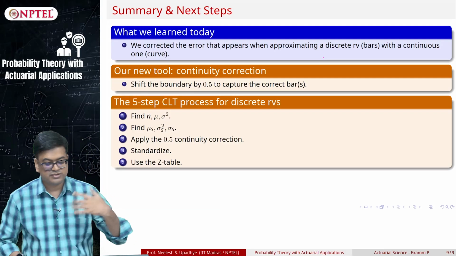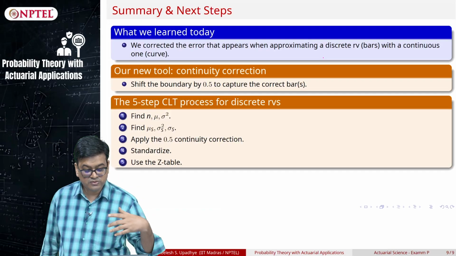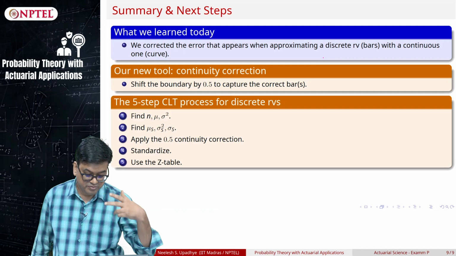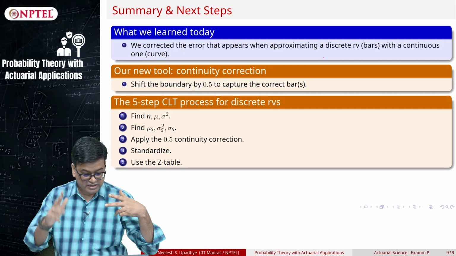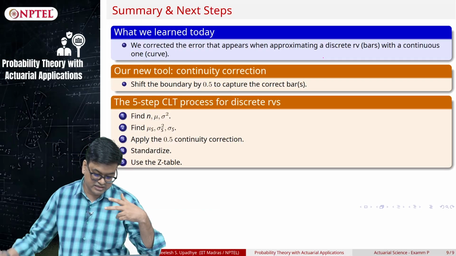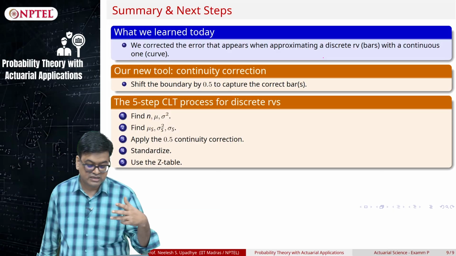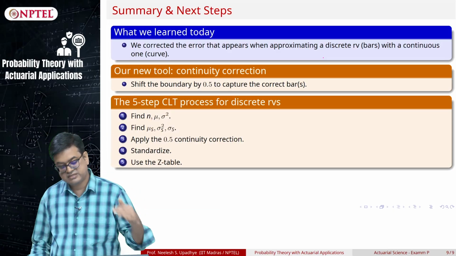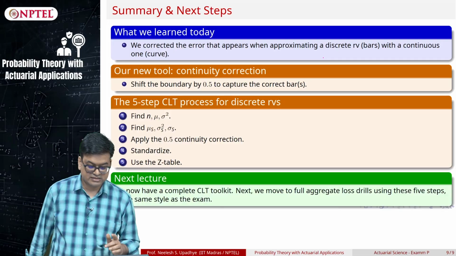Apart from that, you must have memorized by now that the 5 step drill includes: find n, mu, sigma square, associate it with the sum, mu S, sigma square S and sigma S. The new step is the 0.5 correction, then you standardize, then use the Z table, and do appropriate algebra to get the answer.